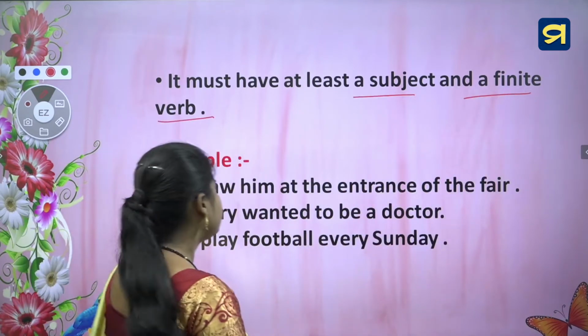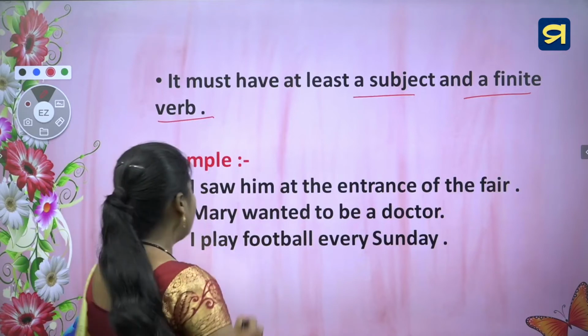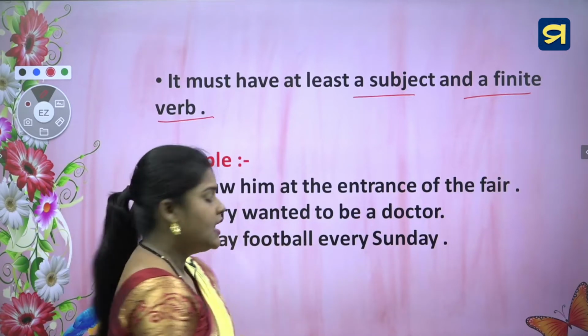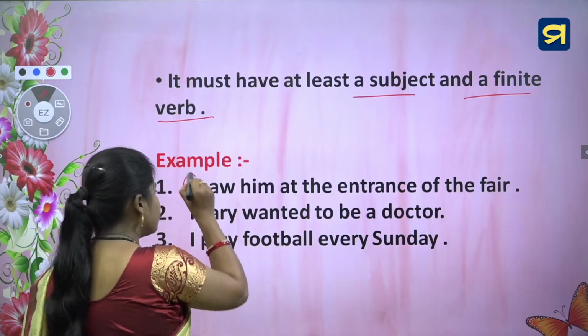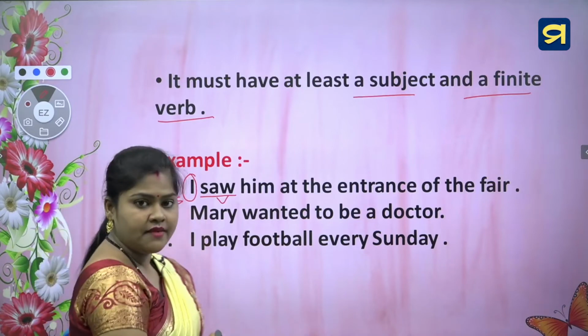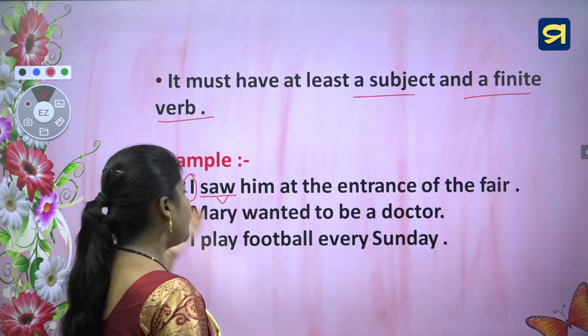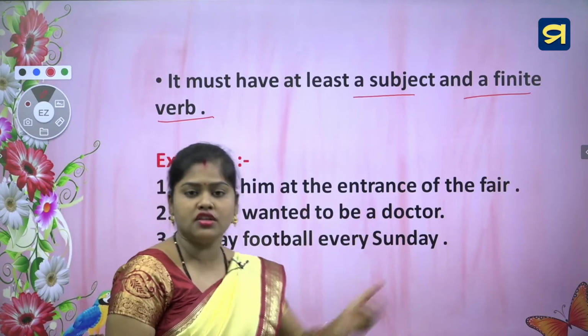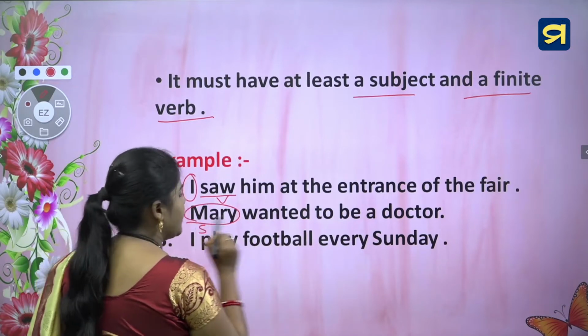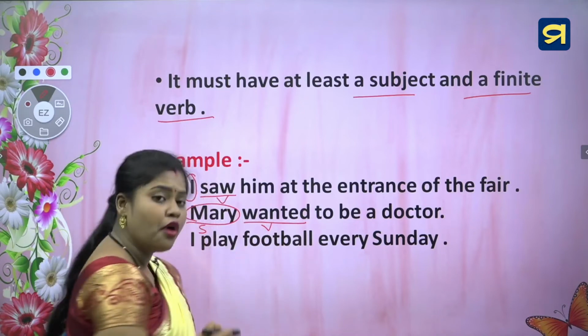Okay, see some example. I saw him at the entrance of the fair. Here I is the subject and saw is the verb. Okay, in the second sentence, Mary wanted to be a doctor. Here Mary is the subject and wanted is the verb.